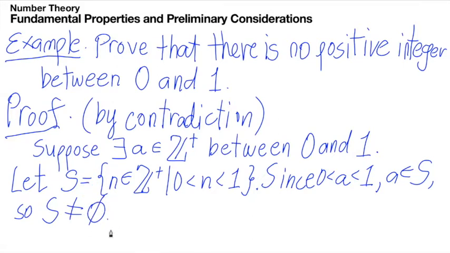So there is an element in S, because we have said that a is between 0 and 1, and we defined S to be all n strictly between 0 and 1, and since a is between 0 and 1, a is inside S.